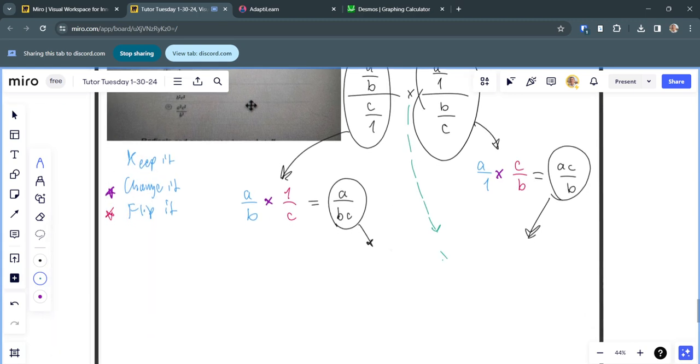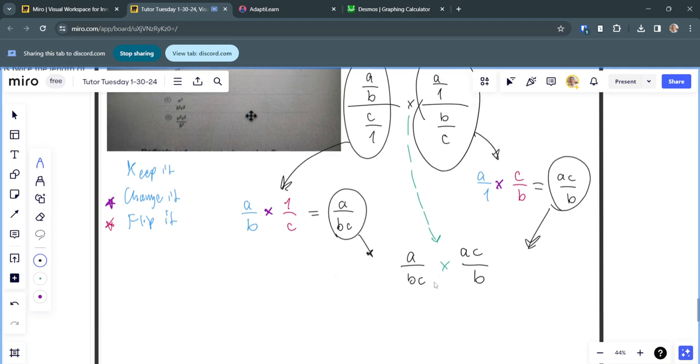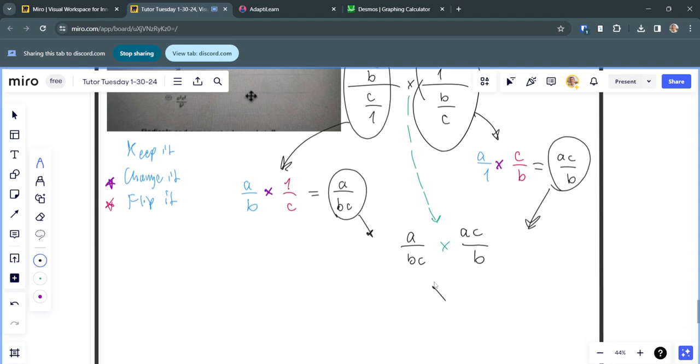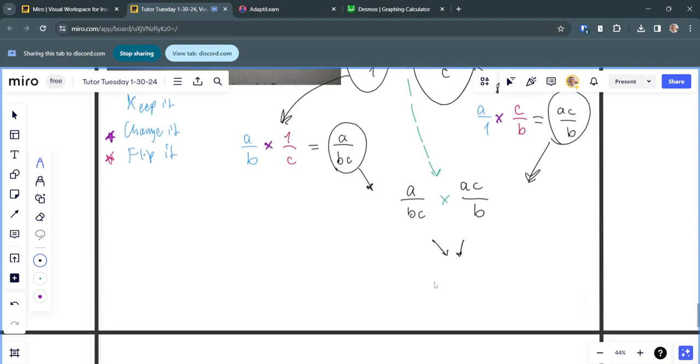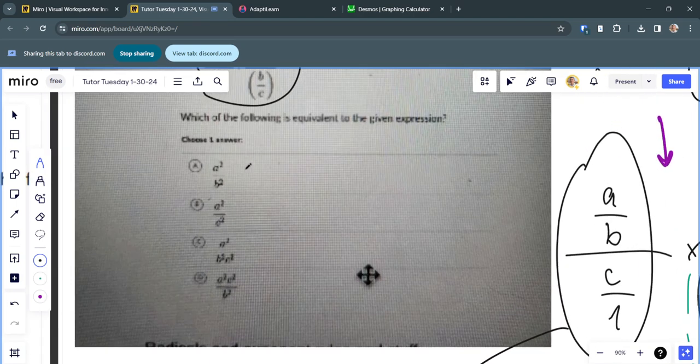We get a over bc times ac over b. The c terms will cancel out, the a terms will multiply, and the b terms will multiply. So we'll get a squared over b squared. That will be answer choice A, I'm pretty sure.